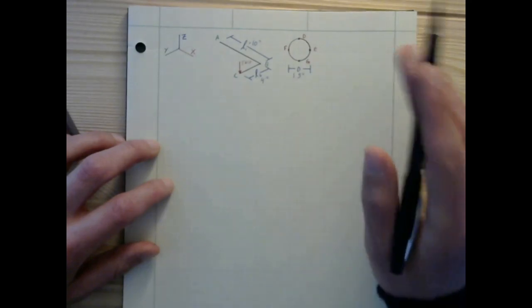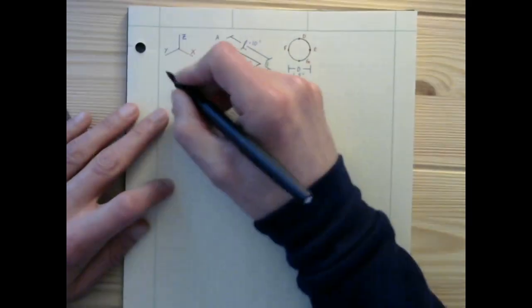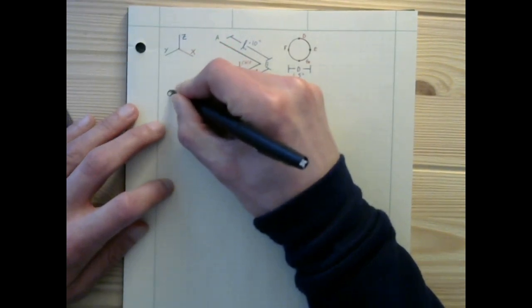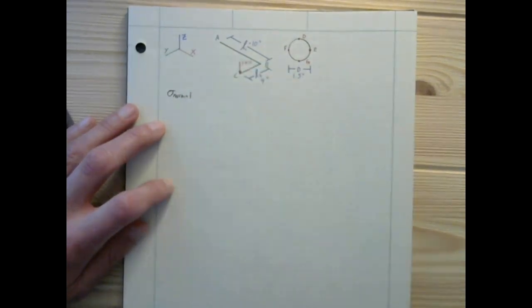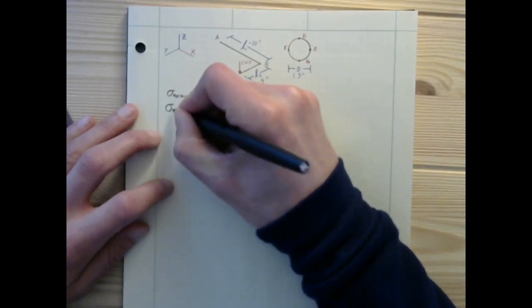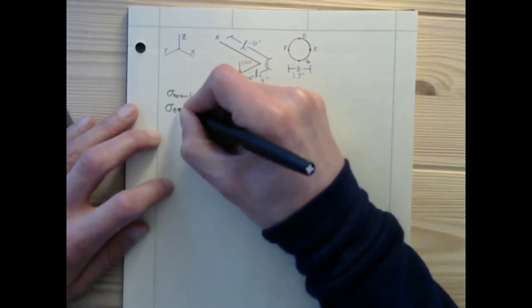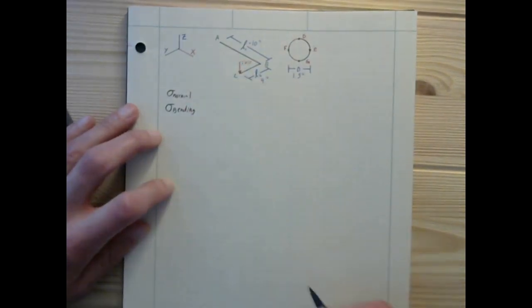And if we're doing that, obviously we've got all of our stress equations that we need to consider. So let's list out all of our stress potential sources. So we've got normal stress from a normal load. We've got normal stress from bending.